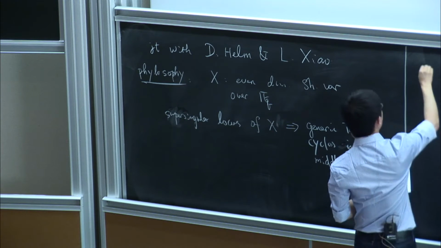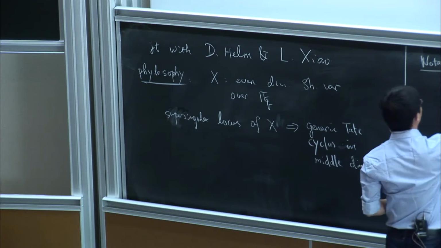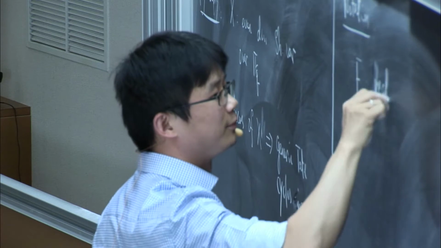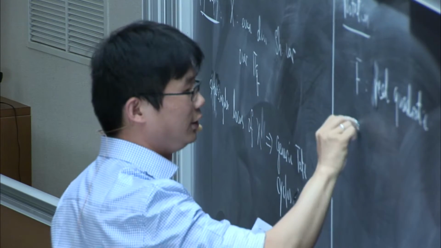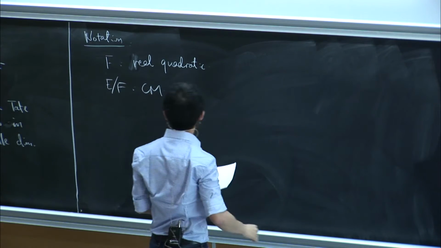So let's start with some notation. Let F be a real quadratic number field, and E over F be an imaginary quadratic CM extension.